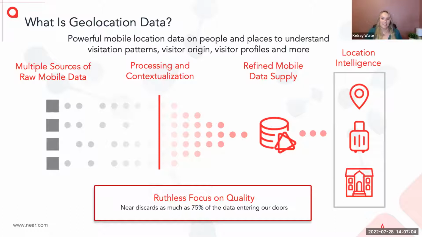NEAR then cleanses those data points for the highest quality, because nobody wants data in the middle of the ocean, and no one can trust a device that is seen going 1,000,000 miles an hour across the globe. And then once we filtered those erroneous data points out, we use the remaining refined data to power our visitation patterns, visitor origins, and traveler profiles.